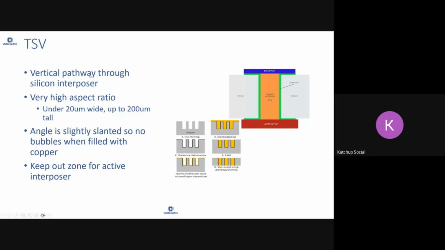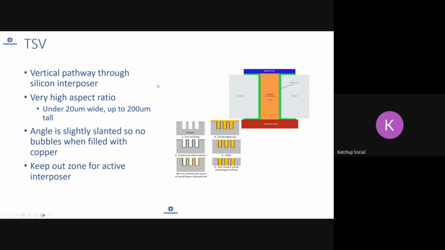Through silicon vias are vertical pathways through the silicon interposer. This usually is not a straight line. It will be slightly slanted, because the copper will be filled in, and for it to go through and connect properly, these will look like this shape.